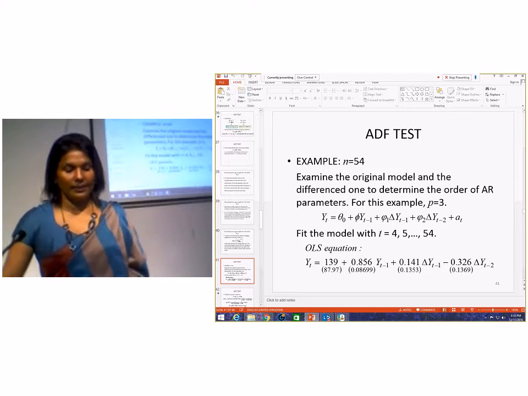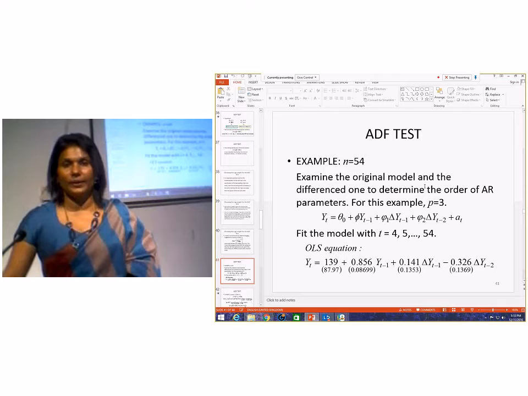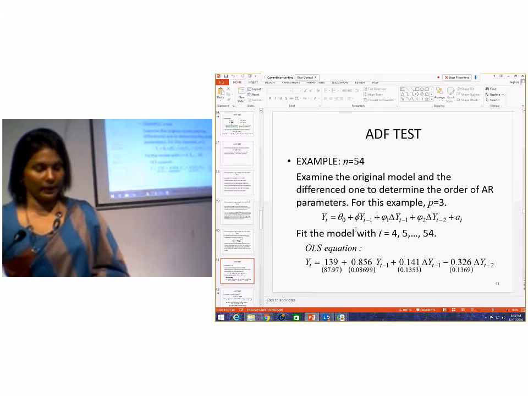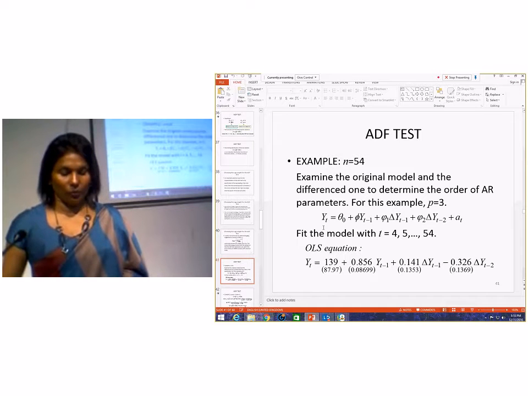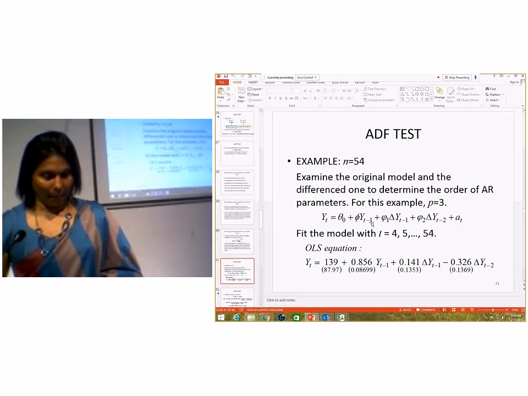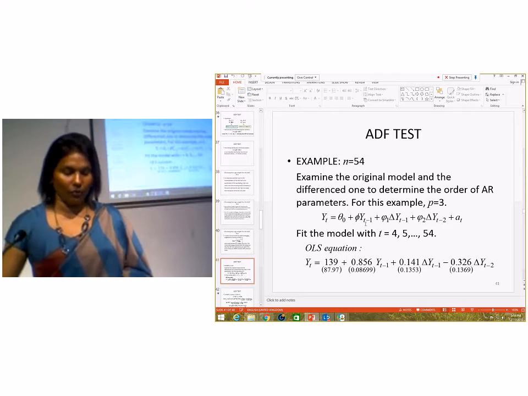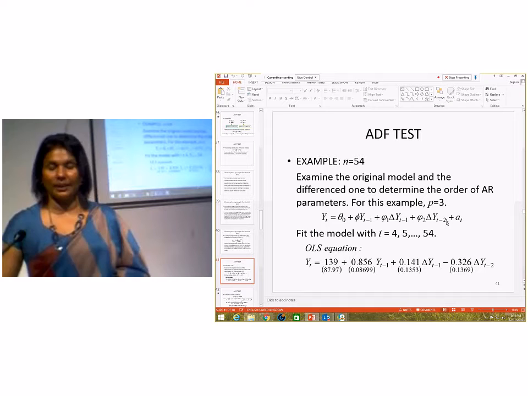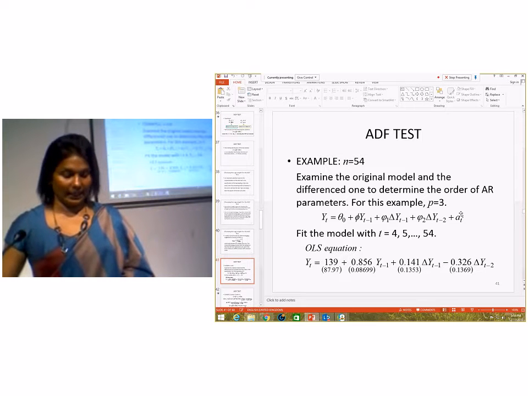Examine the original model: yt equals theta 0 plus the lag value of the dependent variable, plus the first lag of the first difference of the dependent variable, and the second difference of the lag value of the dependent variable, and the error term. Then this is the OLS estimation.